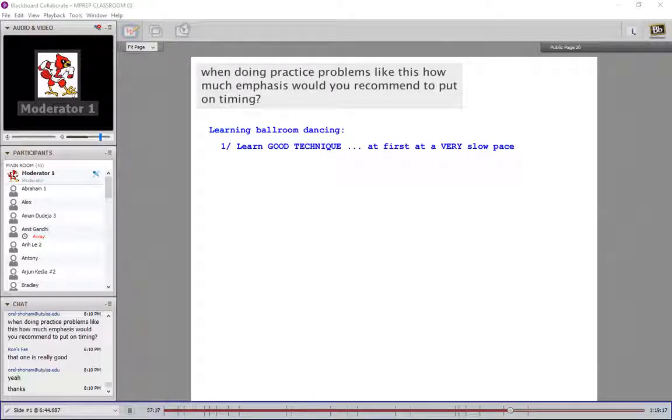It's really slow. And then once you have good technique consistently, that's when you start worrying about efficiency and tempo. Only then do you start trying to speed up the steps.